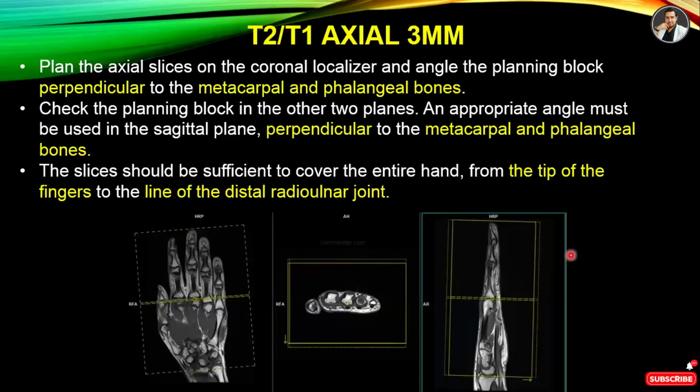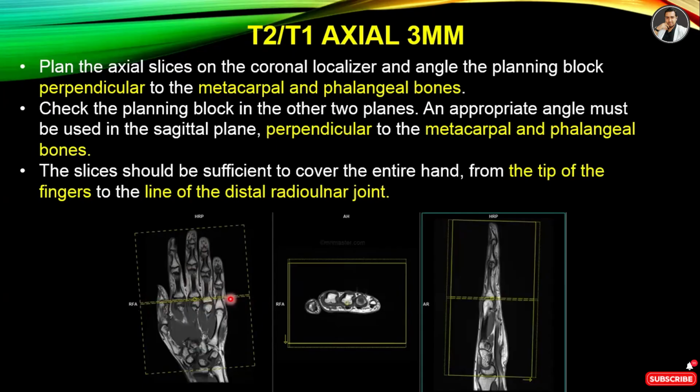So, now we are in axial planning. Axial planning means that this is the axial axis, and there is a box on the axis. The planning is done on the coronal and sagittal. So, we will give the plan on the coronal perpendicular to the metacarpal and phalangeal bones.